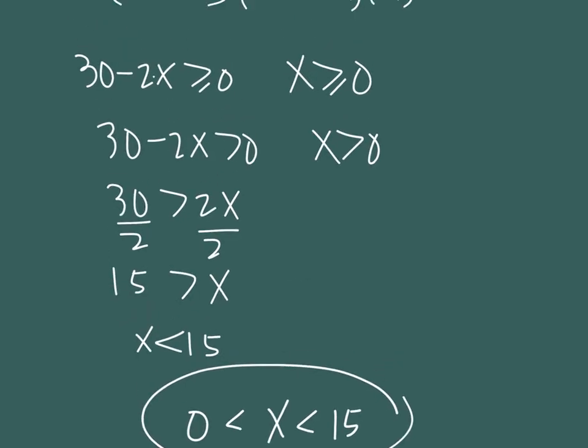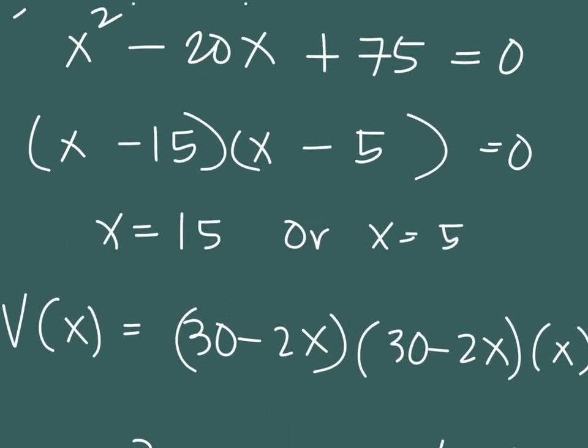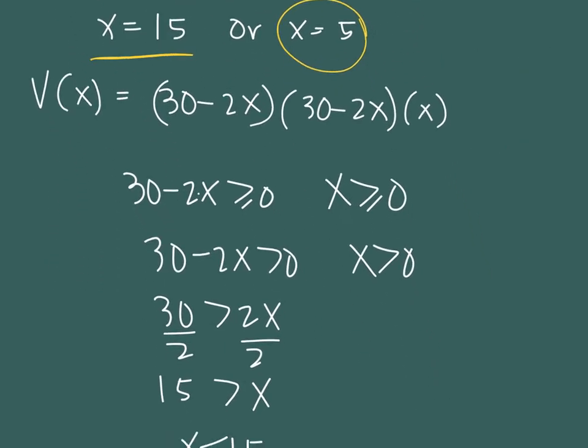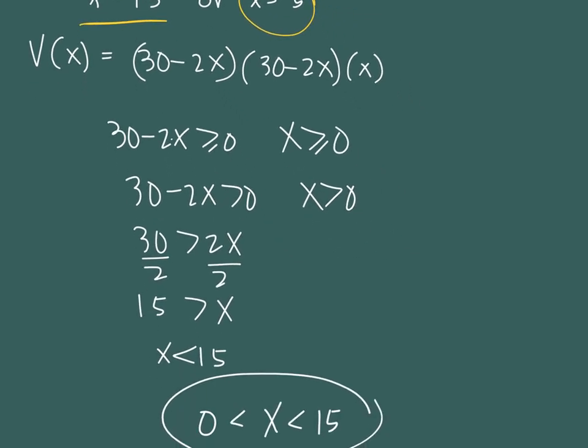So even if we obtain x equals 15 and 5, the only possible value that we can consider is x equals 5. Because x equals 15 cannot be a value. Okay? The process that I perform can be considered as working with the domain of the function in terms of this application.